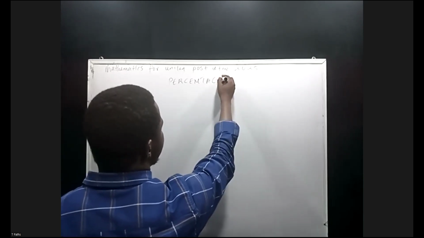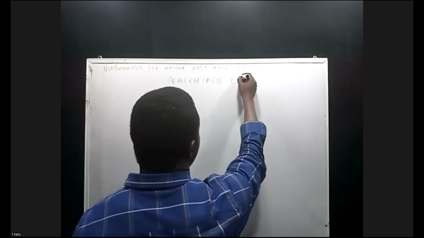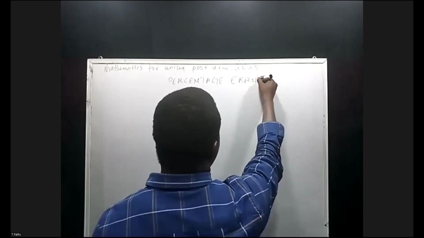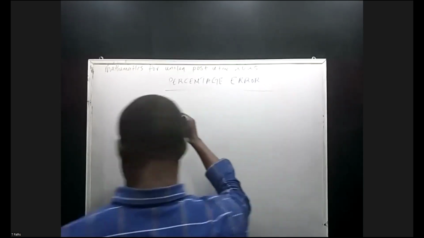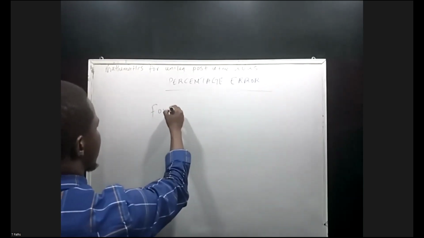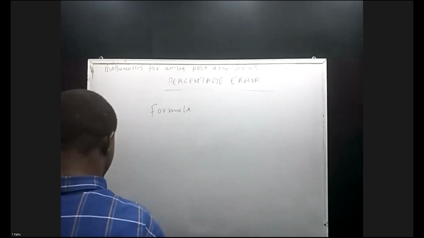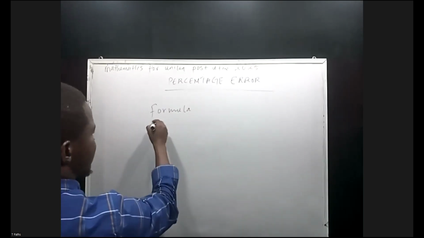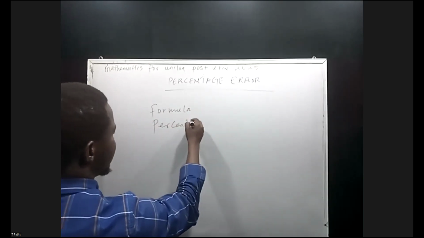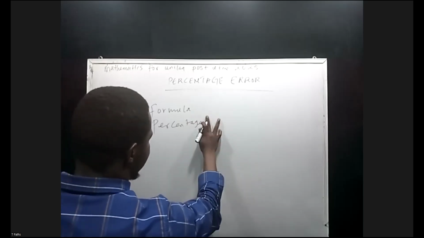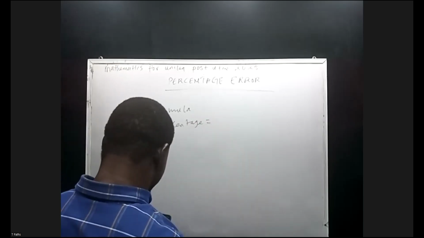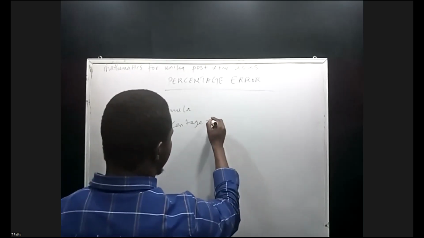Percentage error. And it is given as what? It is a formula in English. If you understand English, you understand maths. There is a language that we speak in maths that you don't know.